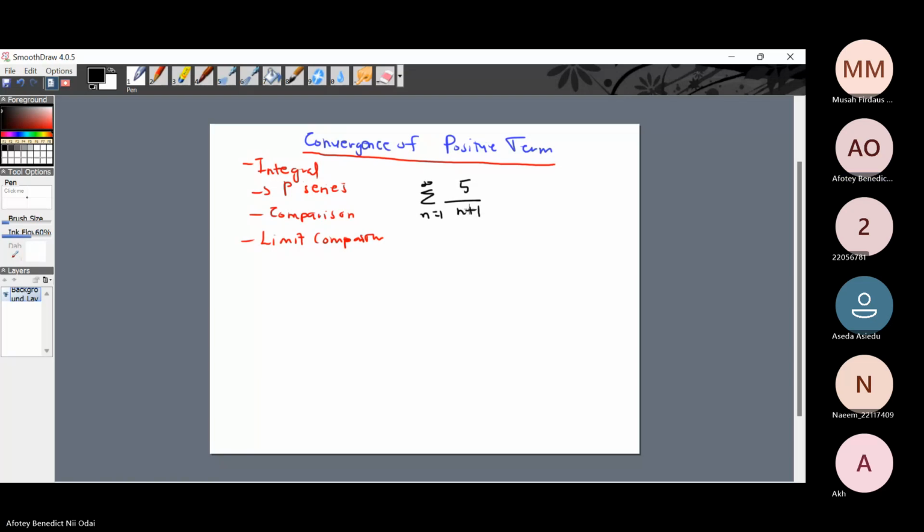This was the question that was given. Now take a look at something. As I said, these tests fall under positive term series. For positive term series, one, they have to be continuous, and two, they have to be decreasing.